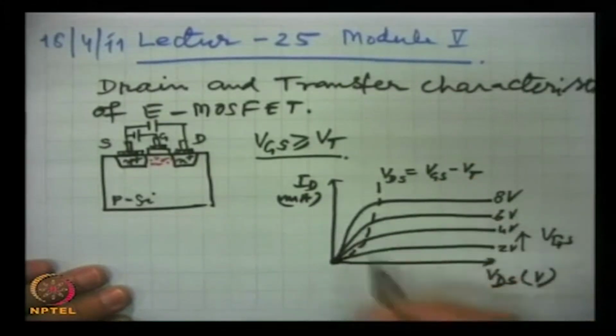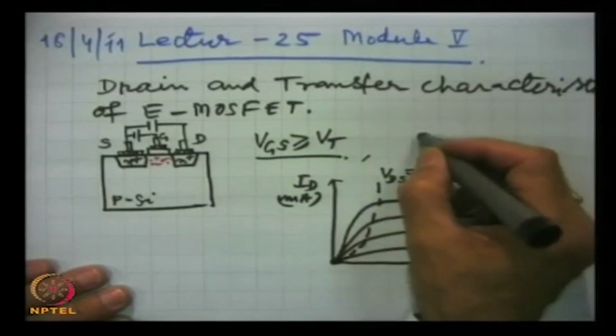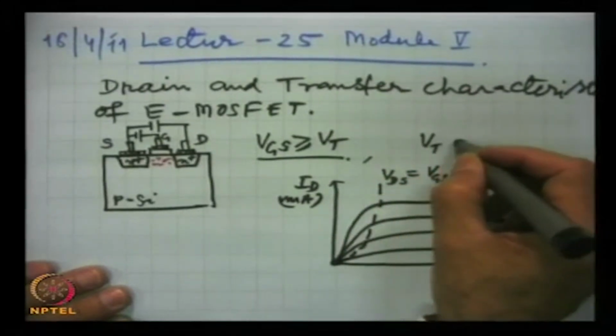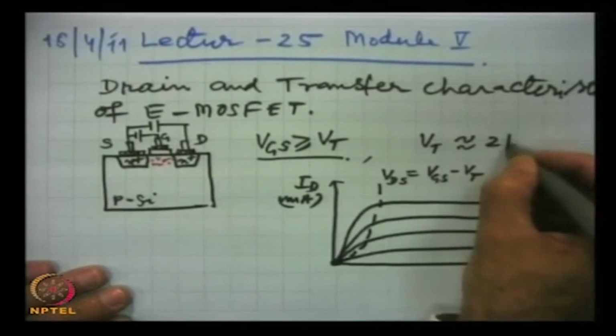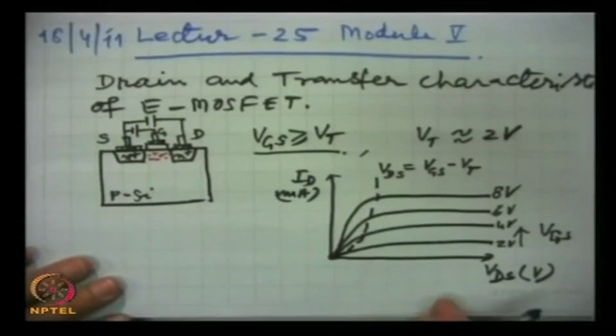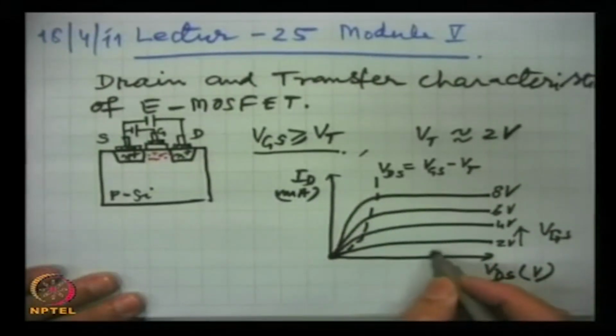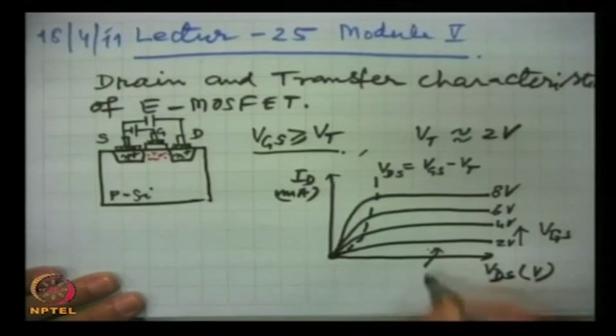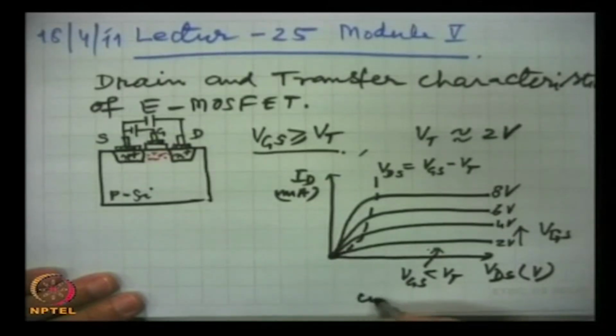And now these are 3 regions. Normally this threshold voltage VT is of the order of 2 volts or less, and this region is where VGS is less than VT, and this is the cutoff region.